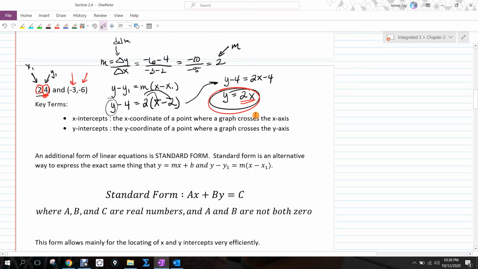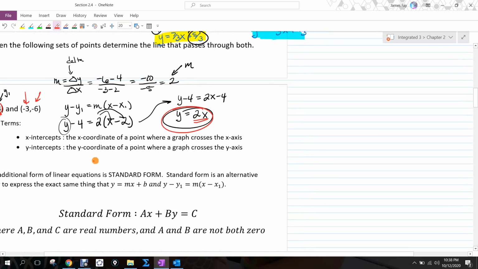Now, a lot of times the question is, why is this slope intercept form a result of the point slope form? Well, if I do this, and let's say I'm looking at a line that has that y-intercept there.